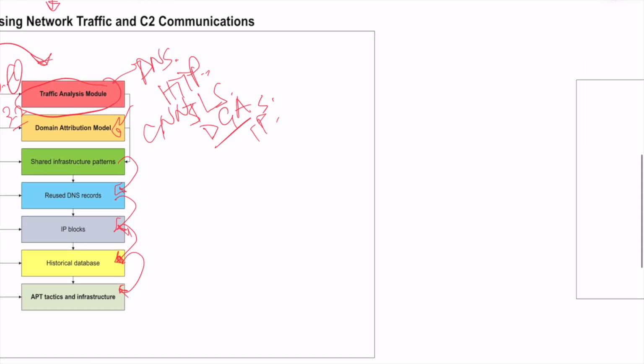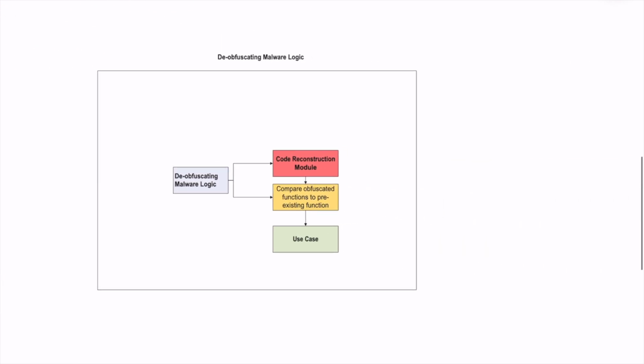Now, moving on to the next step, deobfuscating malware logic. The objective here is to reverse engineer obfuscated code to reveal its original functionality. So that's the step, and the code reconstruction module is used.